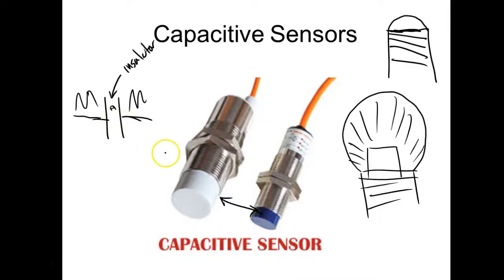Now, this guy here is going to oppose AC, but what's so strange is the amount of opposition it does depends on the frequency. So if I've got a 100 ohm resistor, it's going to be 100 ohms whether you put it on AC or DC. If I've got a capacitor, if the frequency goes up, its opposition goes down.